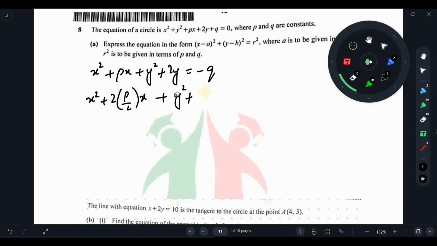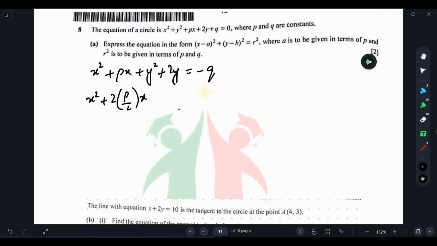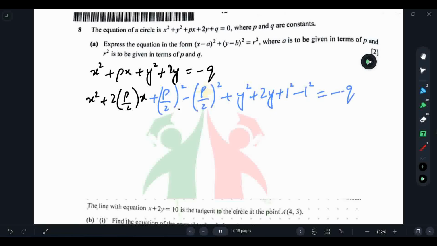Okay, let's do it in the first step. So this will be x square plus 2 into p by 2, whole square. So minus p by 2, we need to write it over here, plus y square plus 2y plus 1 square minus 1 square is equal to minus q.